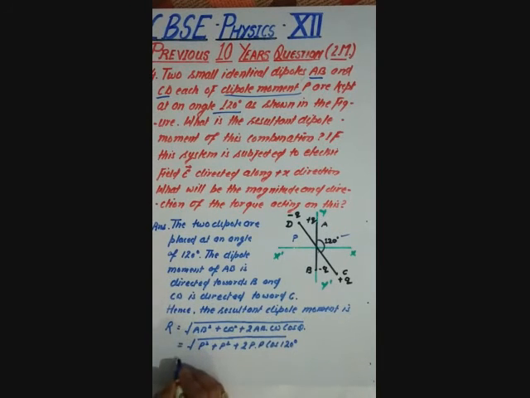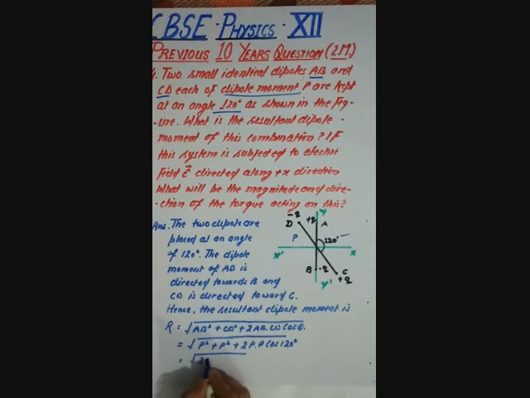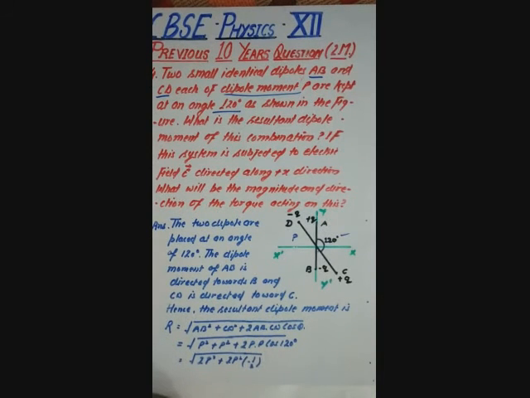So it became under root 2P square plus 2P square times minus 1 upon 2, the value of cos 120 degree.